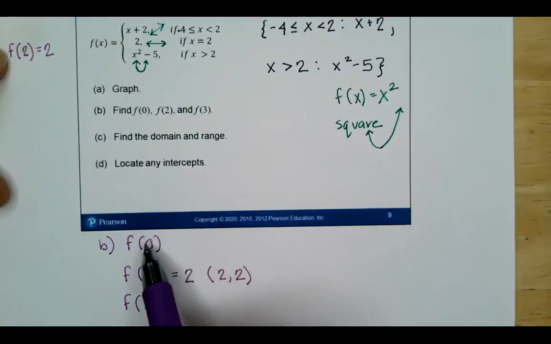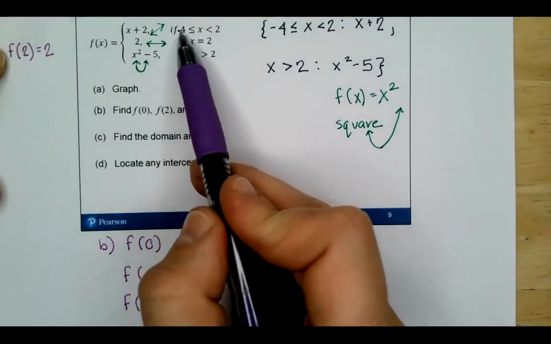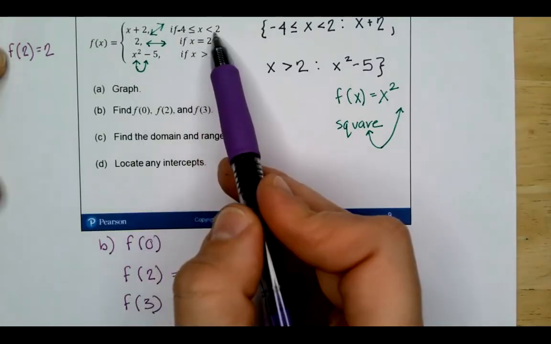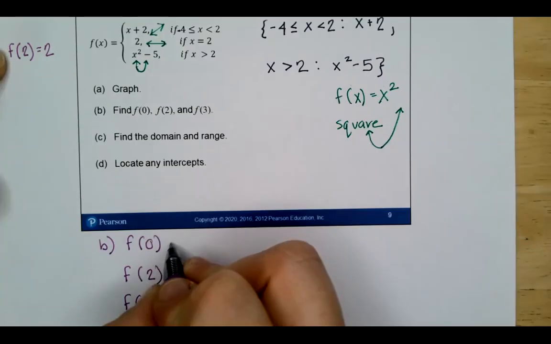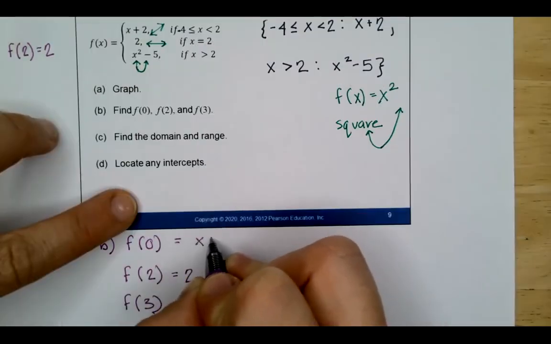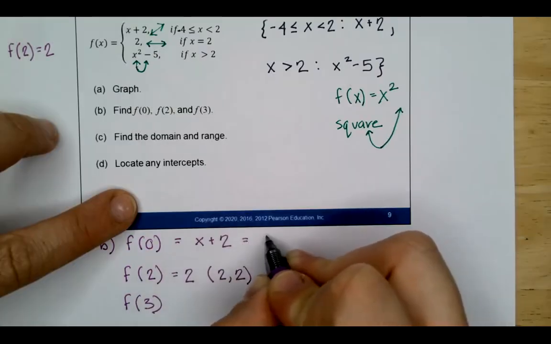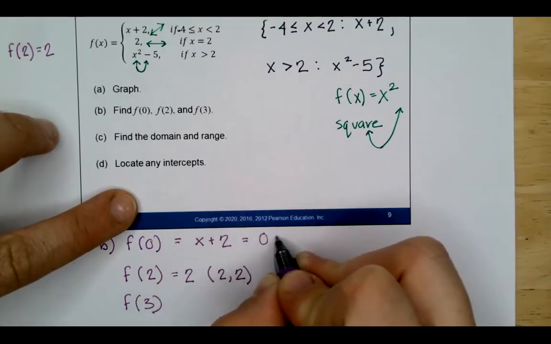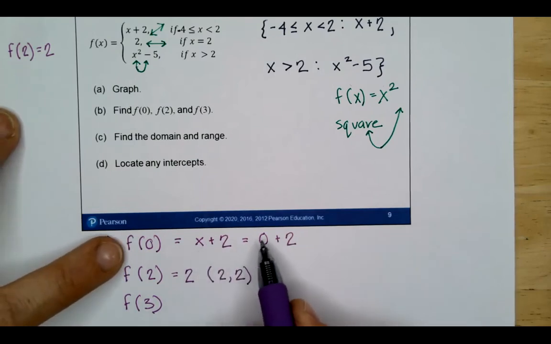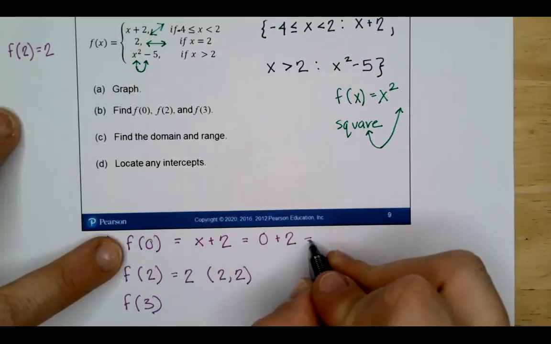Okay. F of 0, is that going to be between -4 and 2 or above 2? It's going to be between -4 and 2. So we're going to use the equation x plus 2, but x is 0. 0 plus 2 is 2.